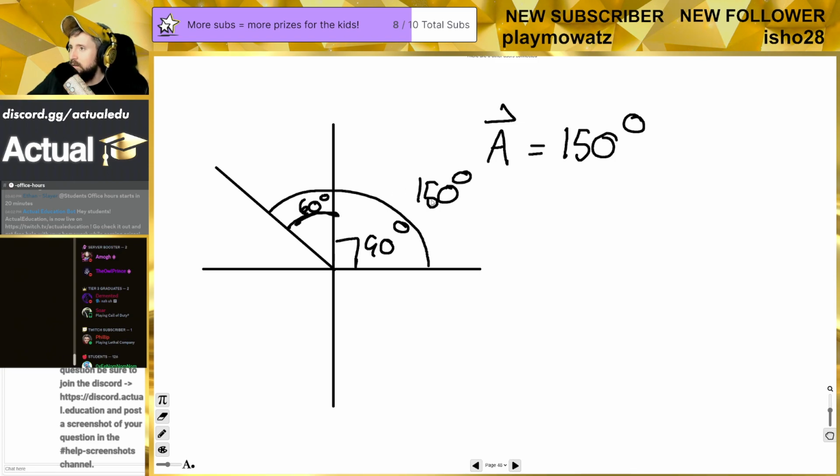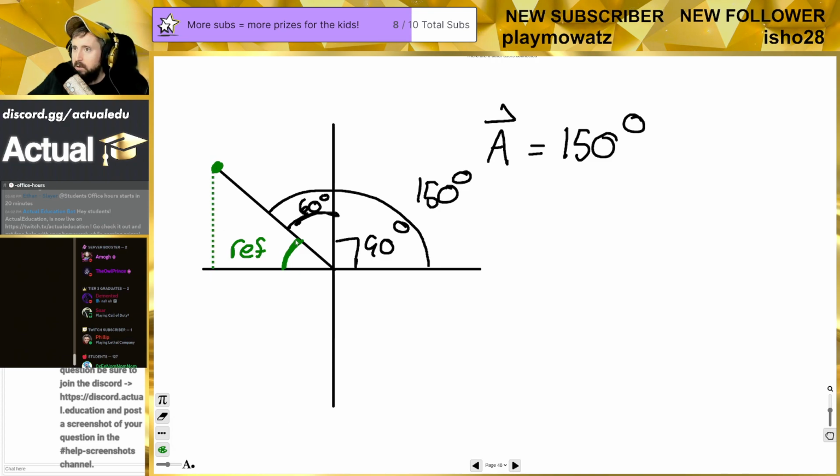And then there's actually a cool quantity here. Do you know what this angle right here is called? It's called the reference angle. What's so special about it? The reference angle always connects the end of the angle to the x-axis with a straight line.